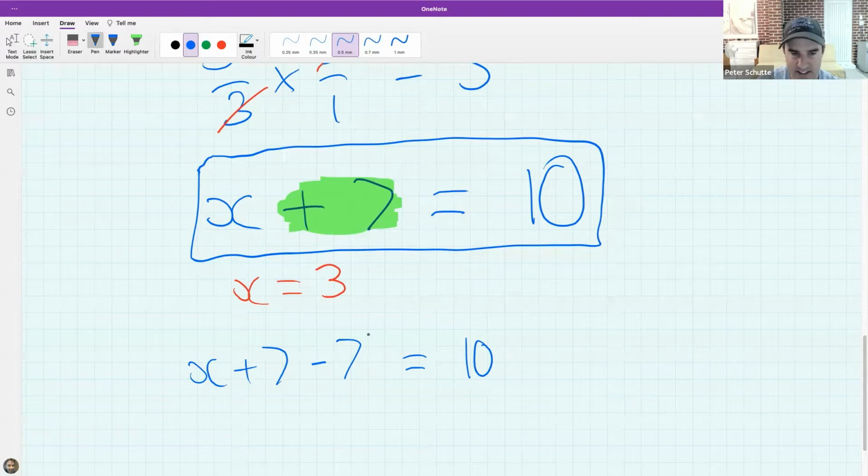So if it's like a scale, if I take away 7 from one side, then I have unbalanced the whole thing. The one side is now going to be unbalanced. So whenever I do a step in an equation, I always have to do the same thing to both sides. So when I started, x plus 7 was 10, and I took away 7 from both sides.